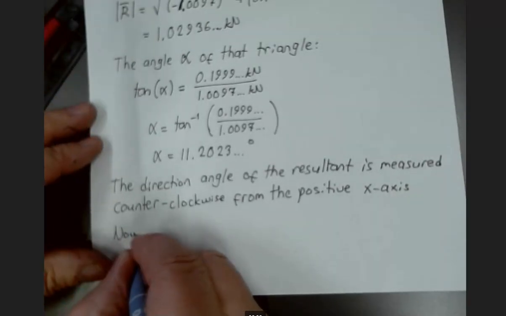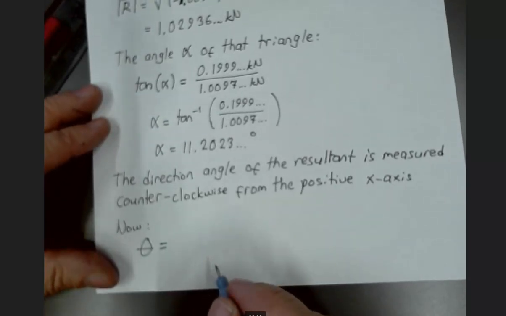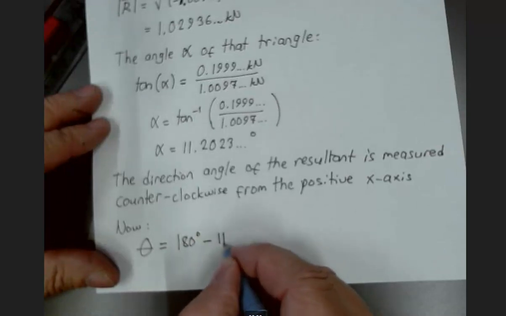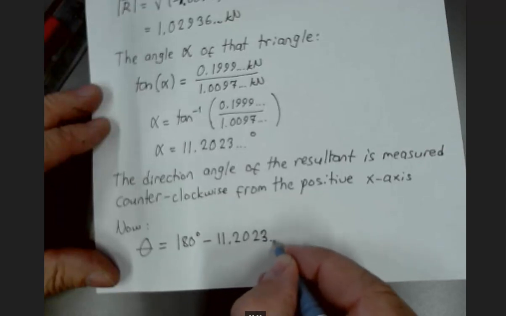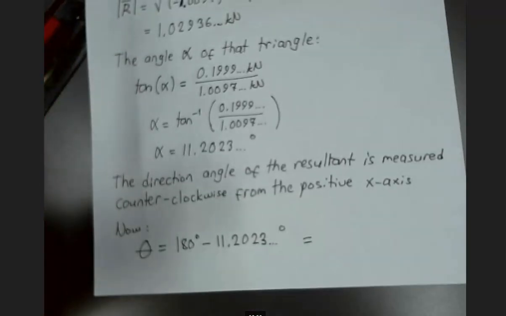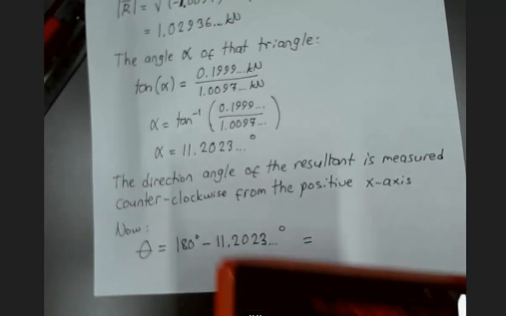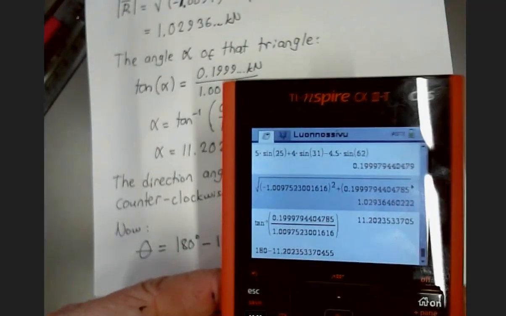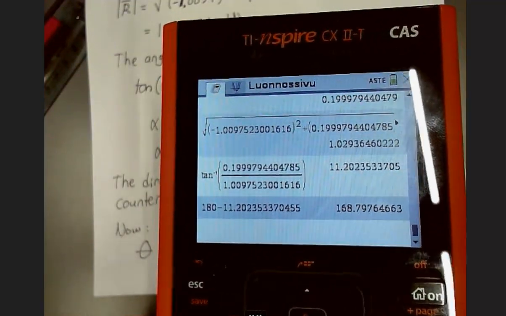So now this theta equals 180 degrees minus 11.20323 degrees. And let's check what is that angle. 168 degrees.